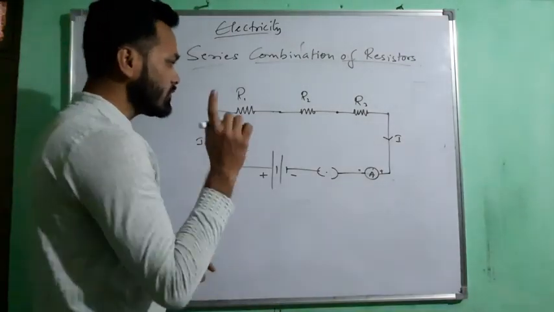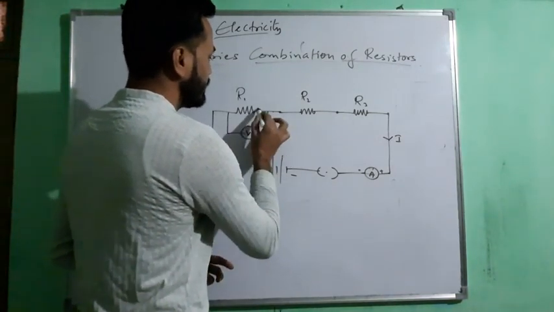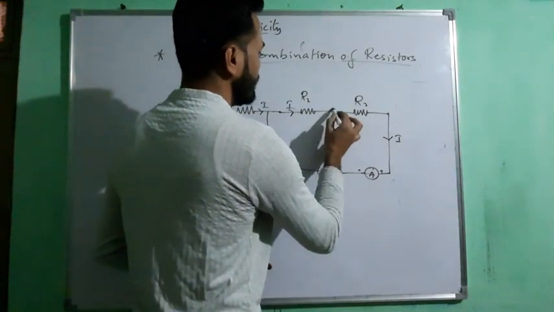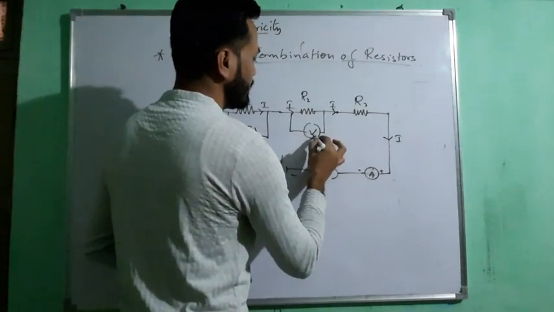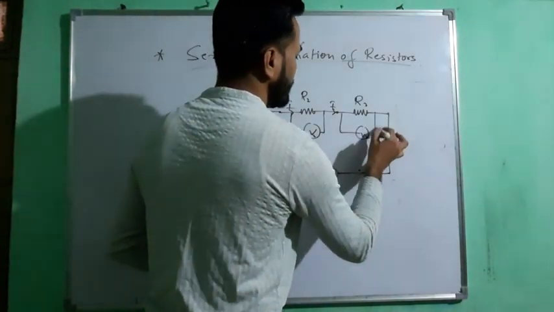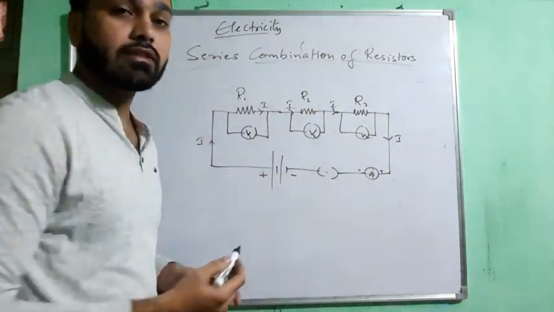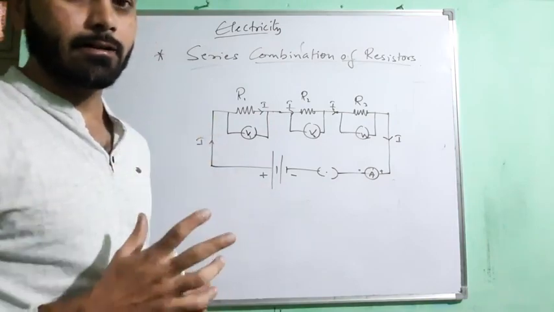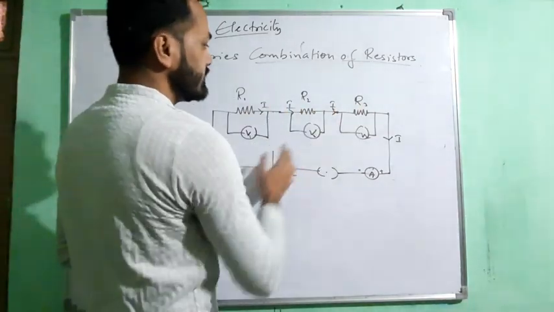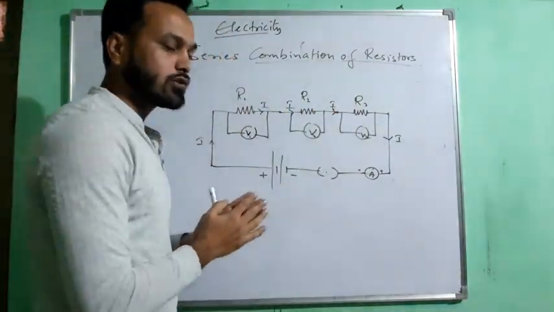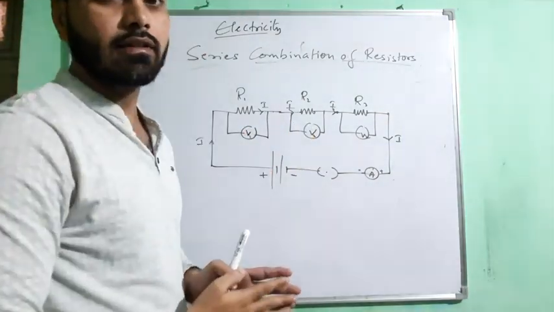One more thing here: the same current flows through each of them, but the potential difference, see here, I am connecting the voltmeter to measure the potential difference across the ends of the resistors, gets distributed, divided. Remember this very important point: when resistors are in series, the same current flows through each of them, whereas the potential difference gets divided.